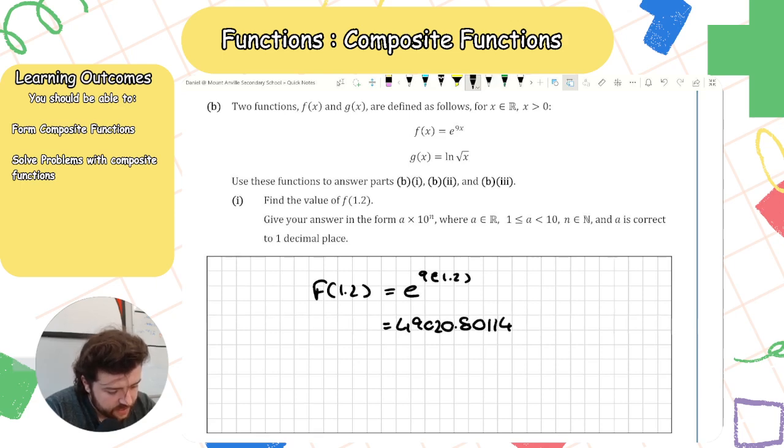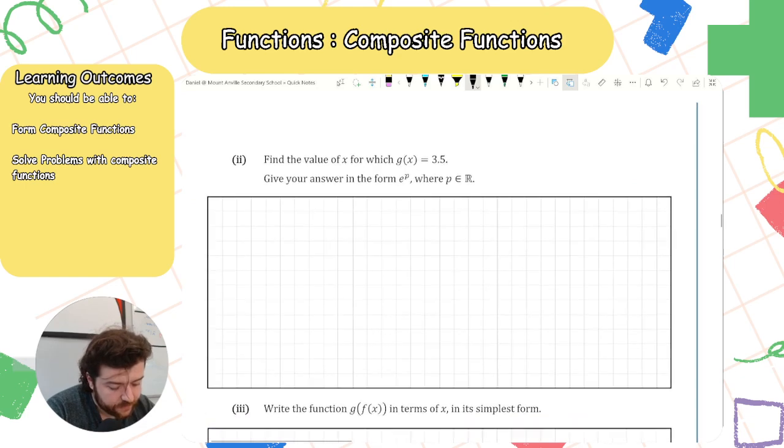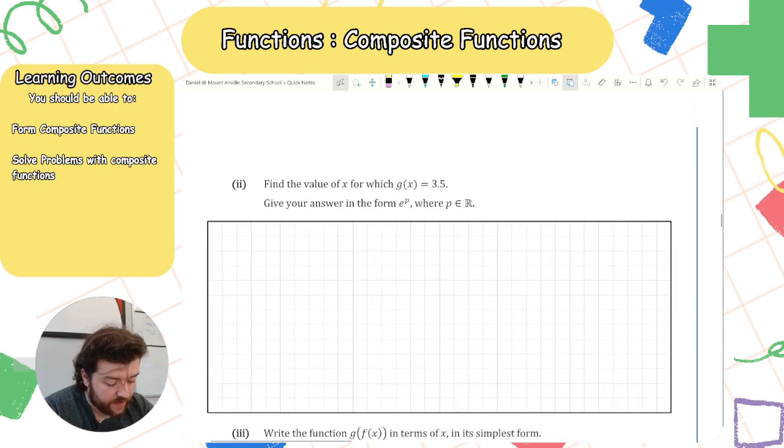But I want to write this in scientific notation to one decimal place. So it's going to be 4.9. So 1, 2, 3, 4. Move the decimal place over 4, multiply by 10 to the power of 4. That's that there.